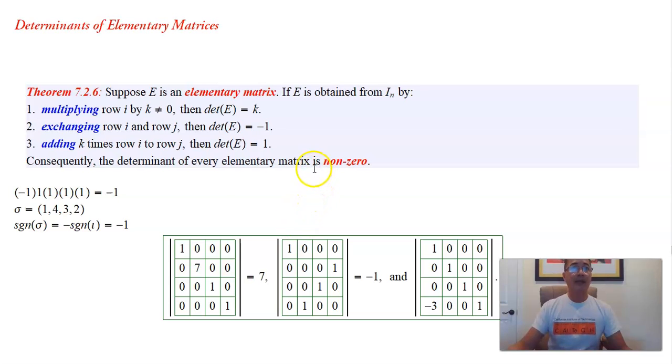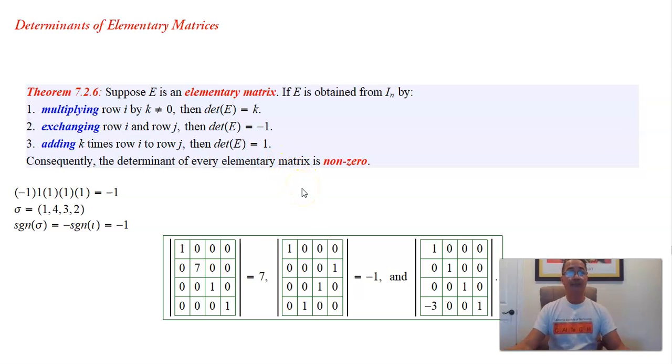Oh, I almost forgot. Before we move on, I want to point out that in a type 1 operation, k cannot be 0. And -1 and 1 are obviously not 0. So in all three kinds of elementary matrices, in all three types, the determinant is not 0.